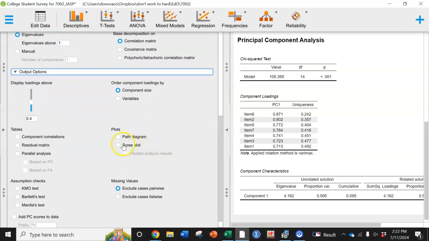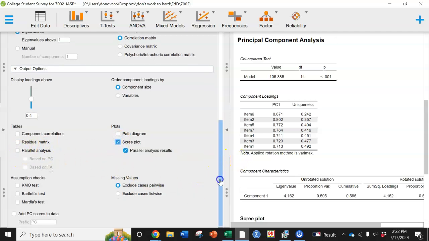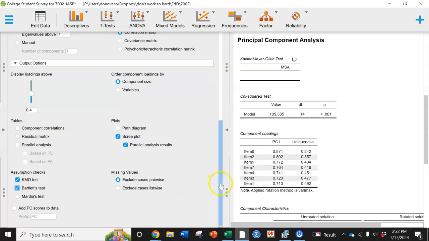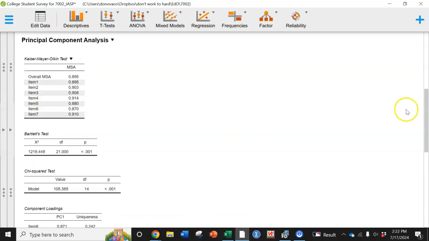We know that we have content support for these items to all group together. What I am looking for is now mathematical support to see if the math is also supporting that these items are a single dimension or a single idea, and that we don't have kind of 2 ideas that if we take a mean score, one might wash out the other.